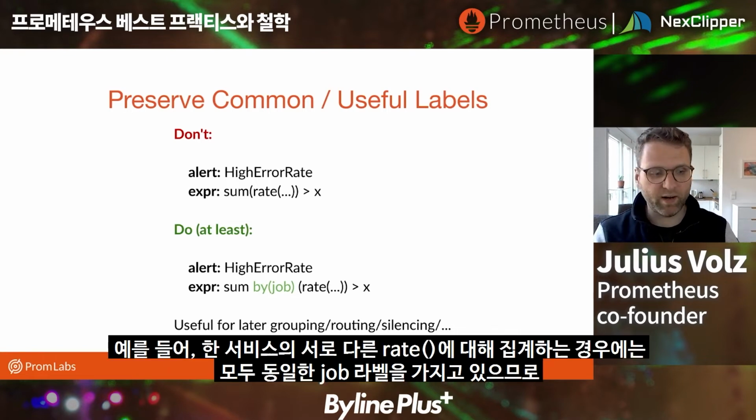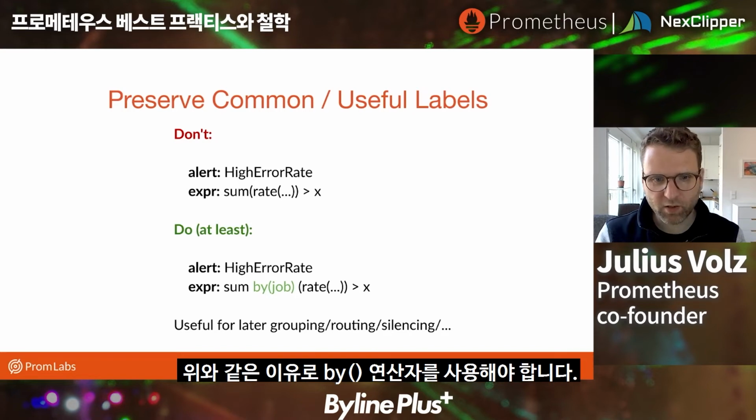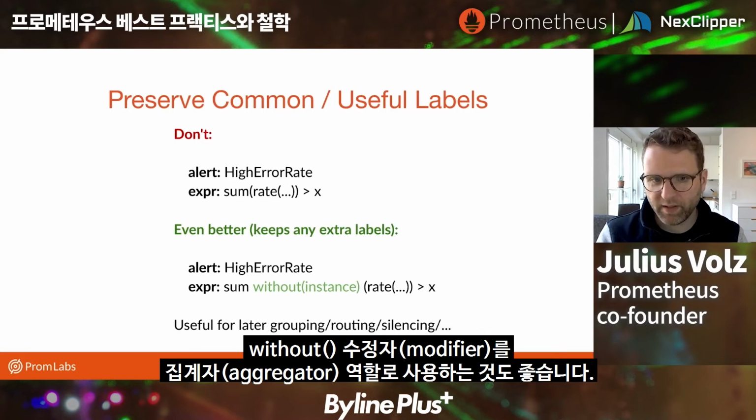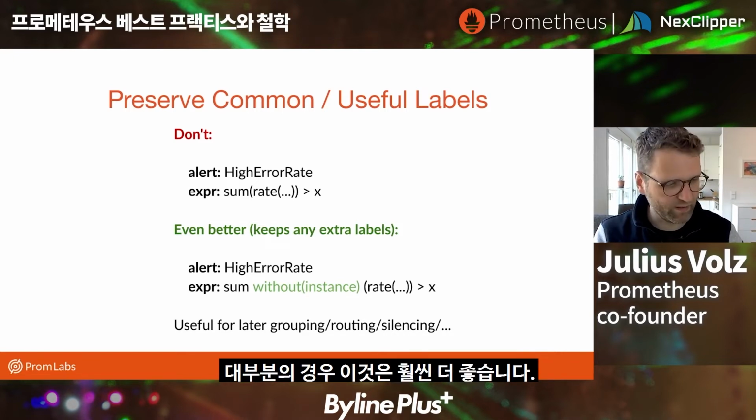For example, if you are aggregating over the different rates of one service, they all have the same job label, and it might be really handy to keep that job label so you can use it later on when the alert gets sent to Alertmanager, and then you can base your routing, your grouping, the silencing, and so on on that. So try to keep it with the by modifier: you could explicitly keep at least the job label. Or even better, if you use the without modifier on an aggregator, it keeps any labels that you don't explicitly aggregate away. So this is even better in most cases.